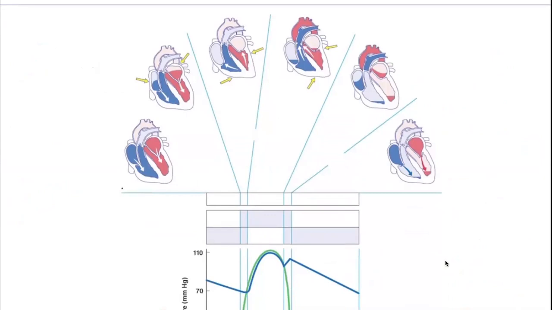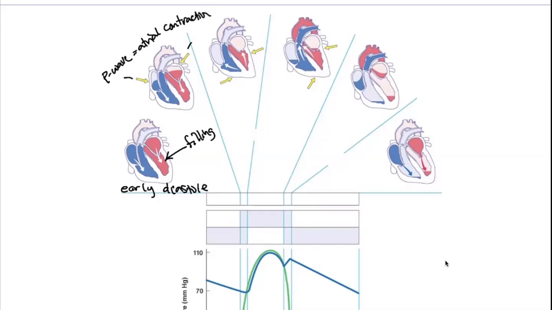Again, this is early diastole. And so you have active filling here. When I say active, you have filling of the ventricles, but the active part is right here. This is the P wave, which is atrial contraction.